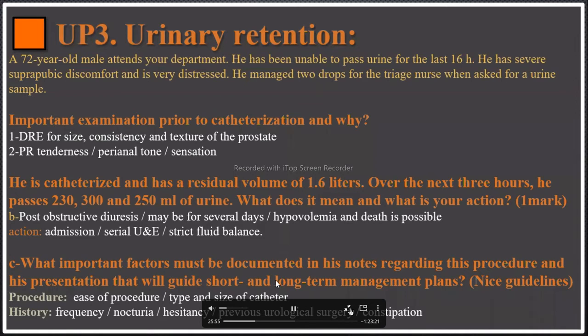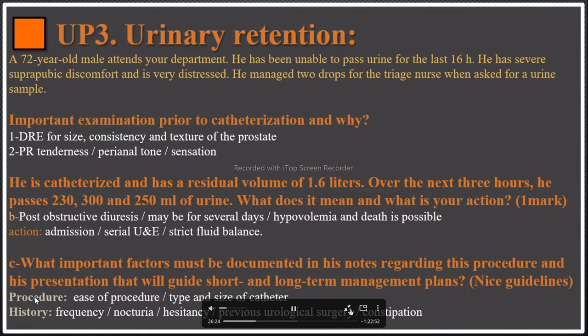Short is now, and long-term is if the patient comes later, your colleague will find, for example, you inserted a 14 catheter, so already you know the size. Your colleague after 1 month knows the size also. If you inserted the catheter with difficulty, your colleague after 1 month will understand it was difficult, and so on.